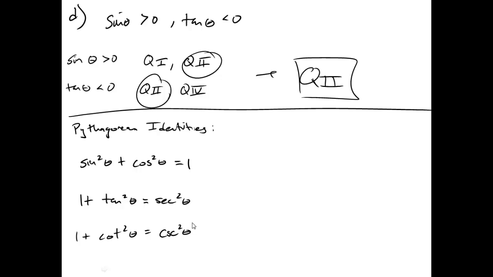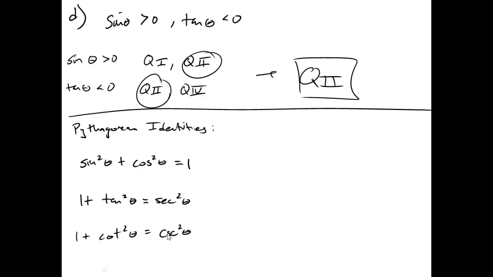And we talked about these already and realized that, to get from the first one, which is the one you should really memorize the most, to the second one, all you would really do is divide the whole thing by cosine squared in each term. That would simplify to 1 plus tangent squared equals secant squared. Or if you want to get the third one, you would divide sine squared plus cosine squared equals 1 all by sine squared theta, and that would give you the third identity.